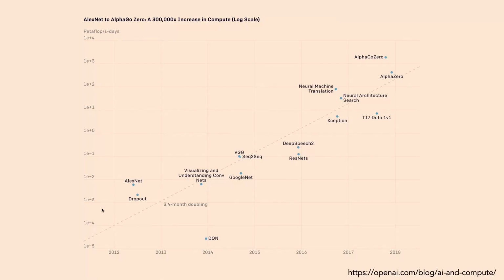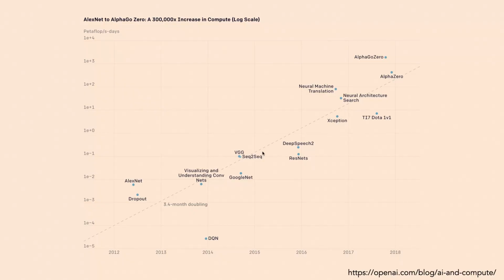So this should be reminiscent of things like Moore's law. Moore's law said that we double the number of transistors in our machines every 2 years or however much it was. And this scaling law says that every 3 months, I think, you double the amount of compute that you use to train the models. And I think this law has actually been accelerating.